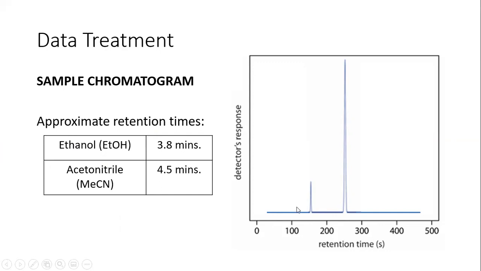So for the sample here, ethanol approximately has a retention time of 3.8 minutes. And acetonitrile has a retention time of 4.5 minutes.